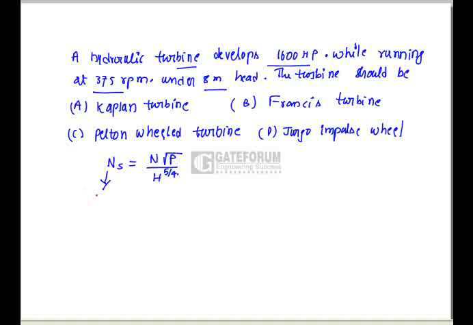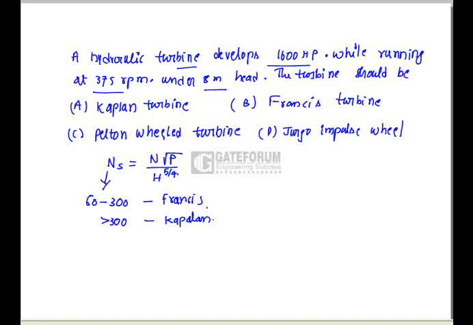If it is between 60 and 300, it is a Francis turbine. If it is greater than 300, it is a Kaplan.